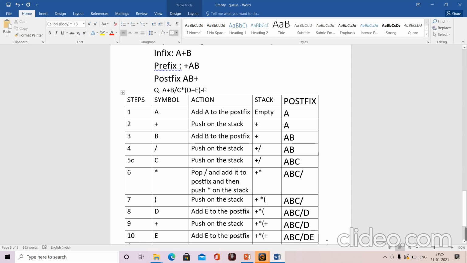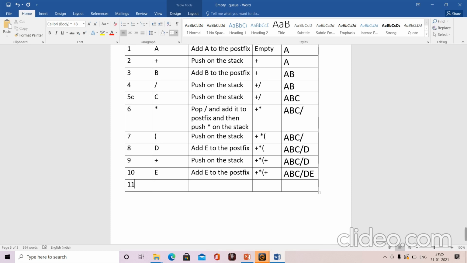When you encounter a right parenthesis, what we have to do? Pop until the left parenthesis. What are the elements to be popped? Plus. Okay, pop plus and add to the postfix.